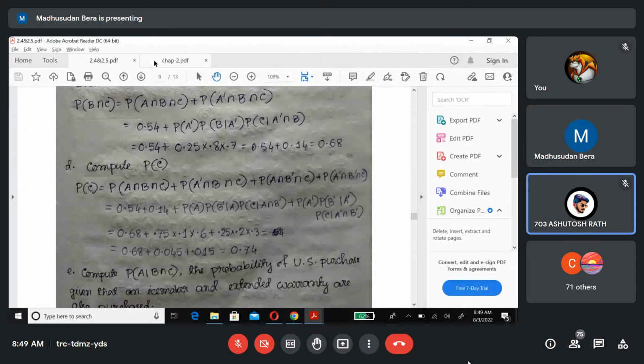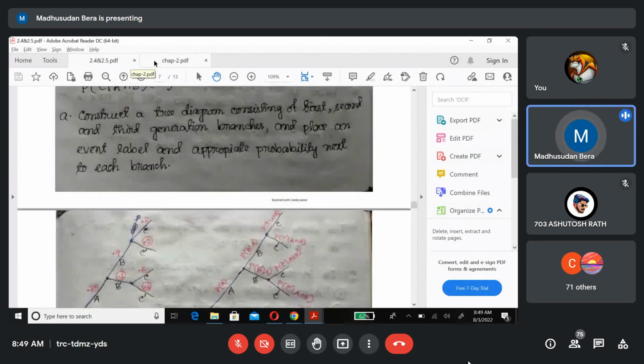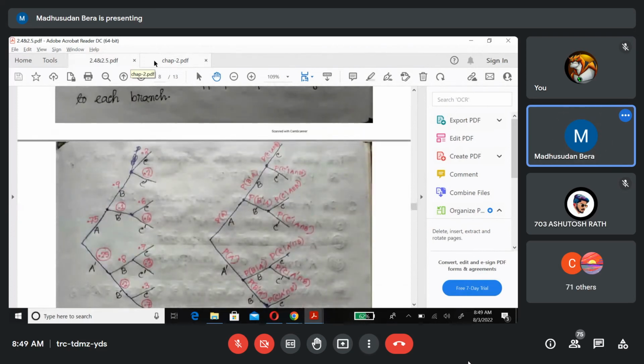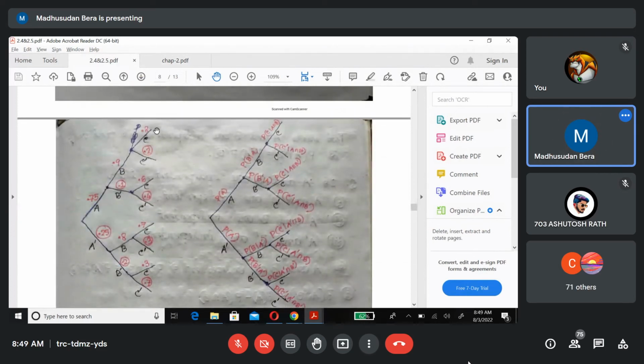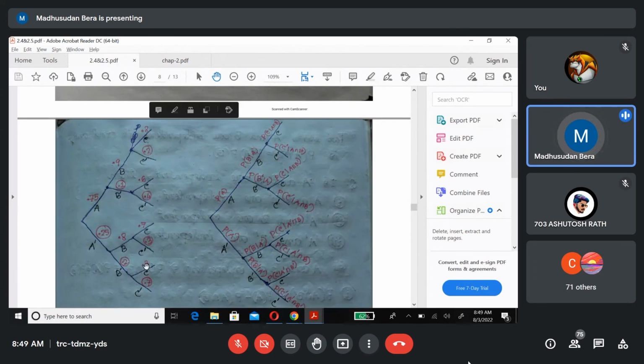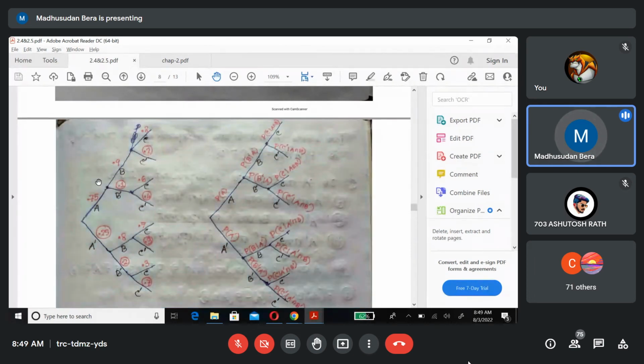Similarly, find P of C. So where does C happen? Here C, here, then here, then here. So for this, the contribution is 0.75, 0.9, 0.8. For this C, the contribution is 0.75 into 0.1 into 0.6.